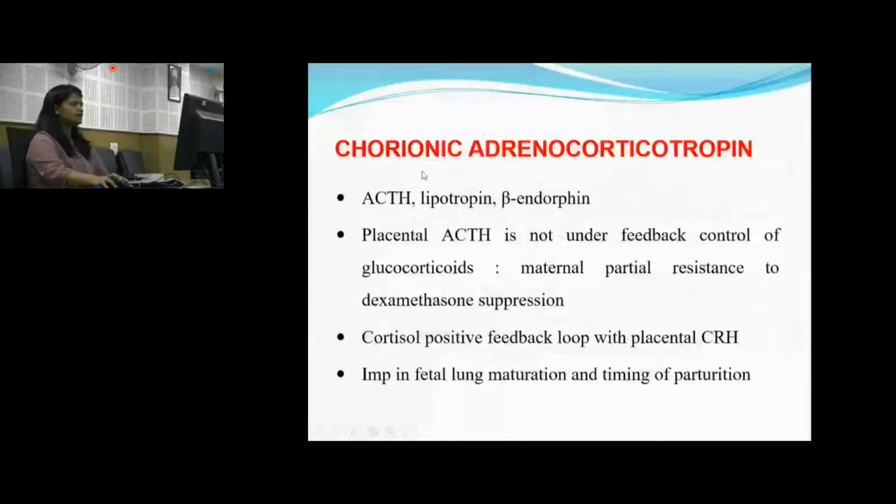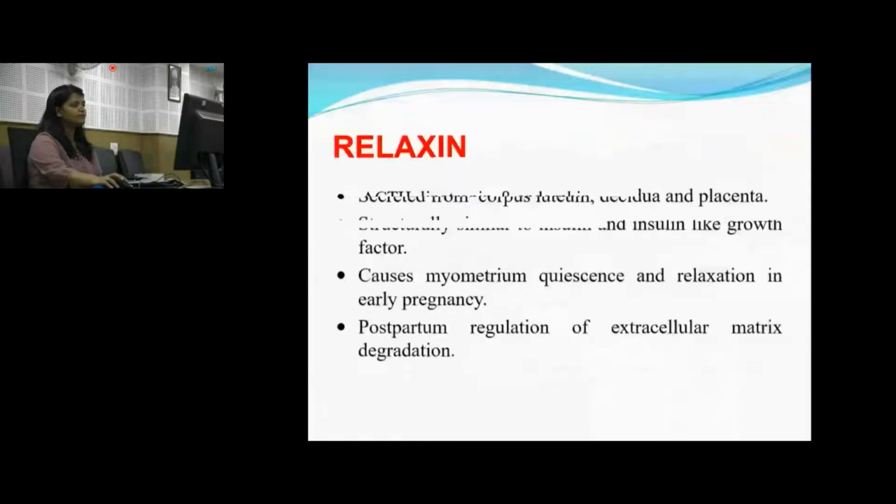Chorionic adrenocorticotropin is also known by the name of placental ACTH. It is not under the feedback control of glucocorticoids, and that is why the mother has partial resistance to dexamethasone suppression during pregnancy. A cortisol positive feedback loop is formed with the placental CRH, and it is important in fetal lung maturation and plays a very important role in initiation of labor and timing of parturition.